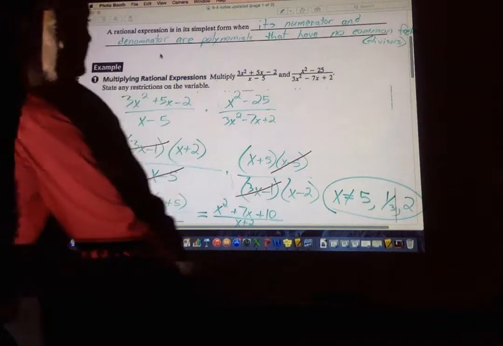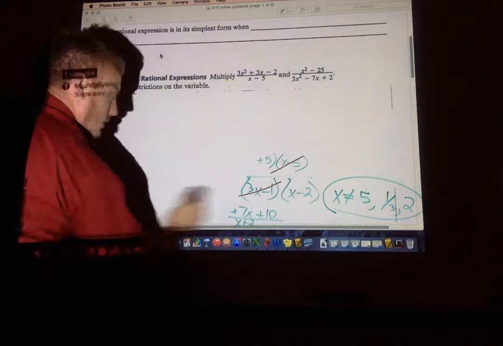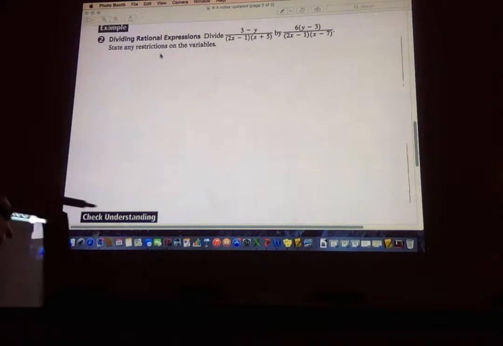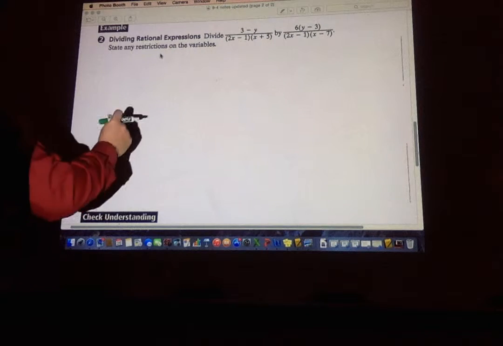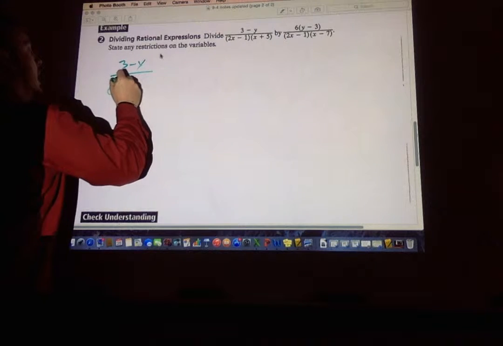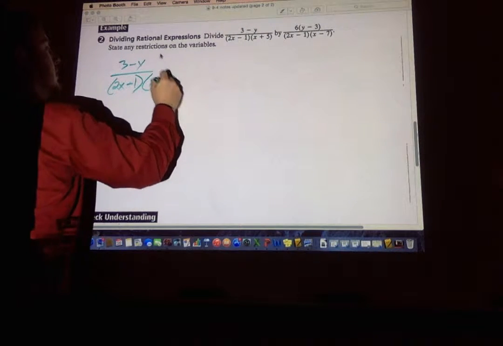We're going to scroll down to the next part. Going down, here we go. All right, dividing rational expressions. 3 minus y over 2x minus 1 times x plus 5.